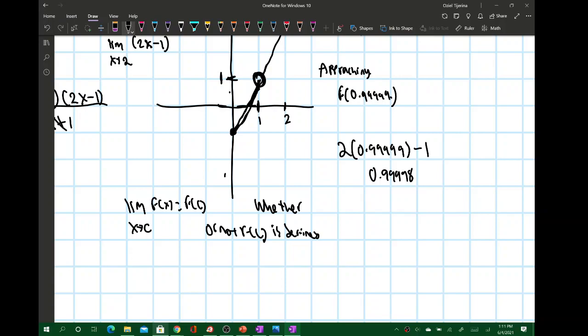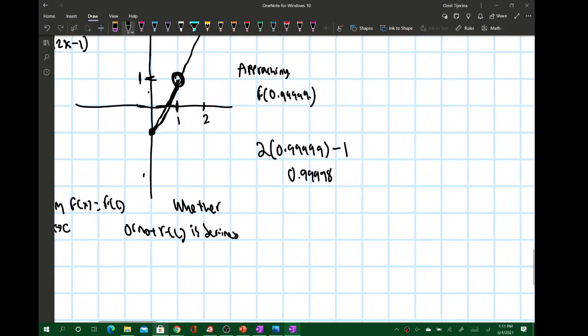So what does that mean? What if I do 2 times 0.999999? Instead of 5 9s, I have 6 9s now. What is my y value going to be?